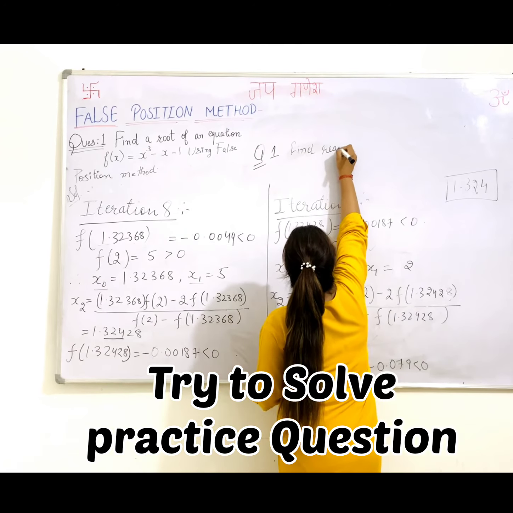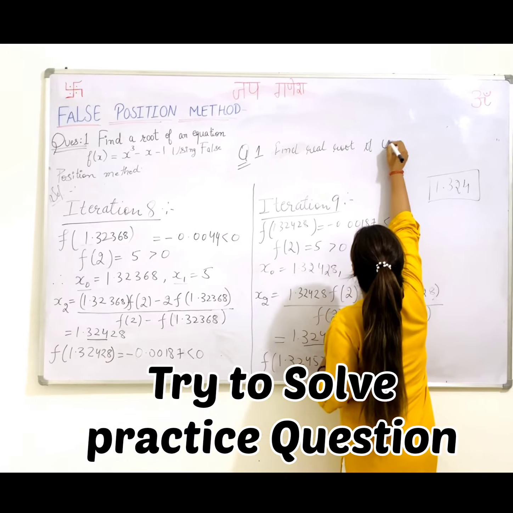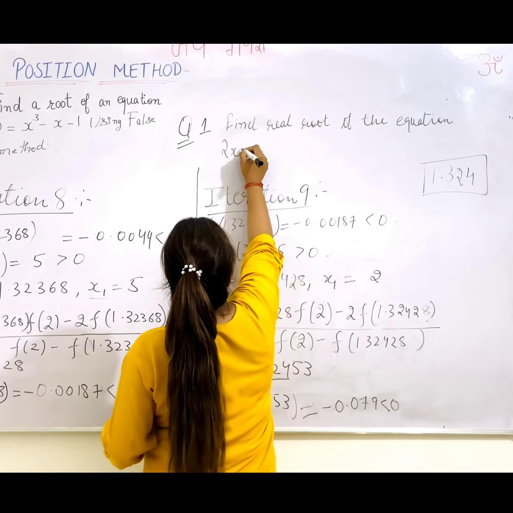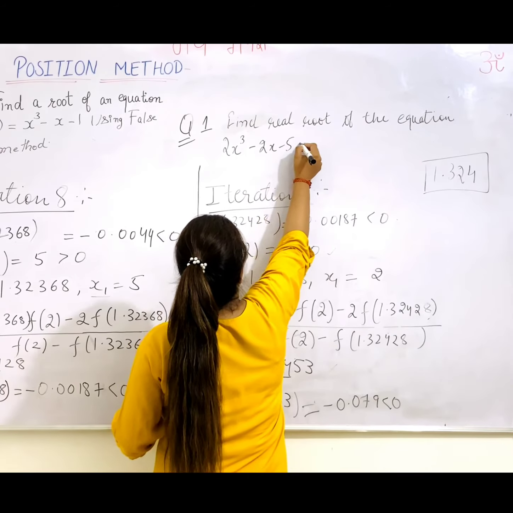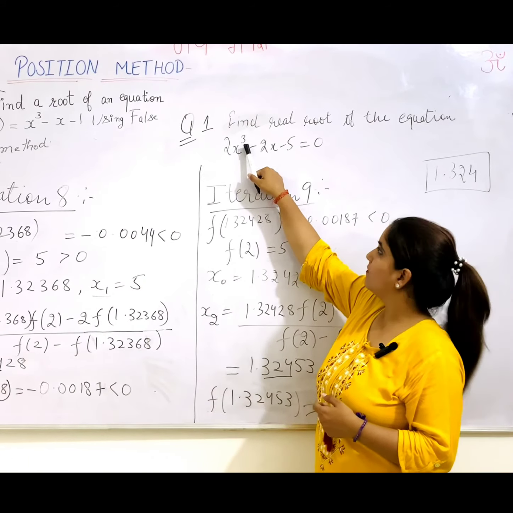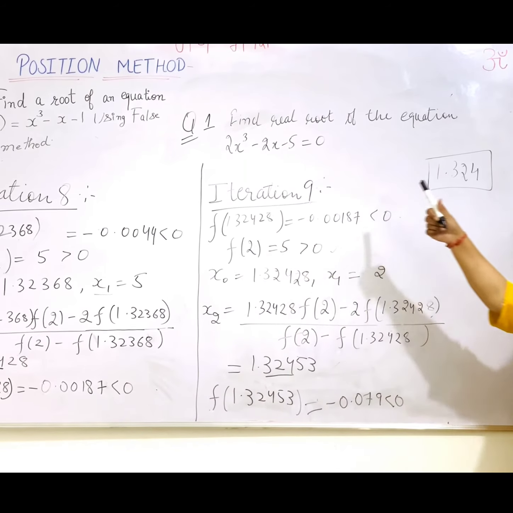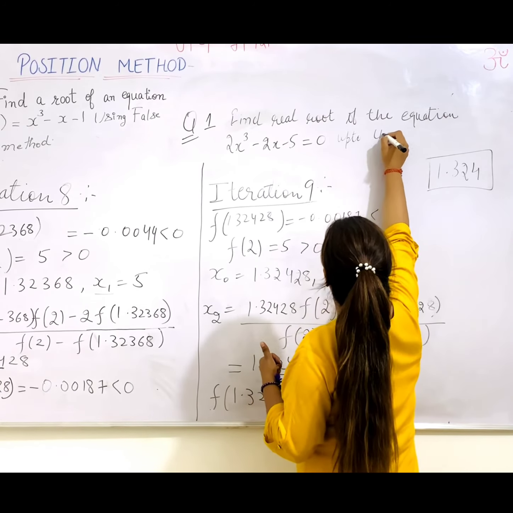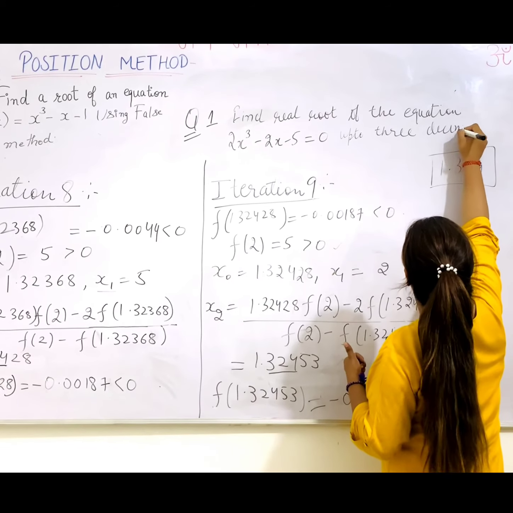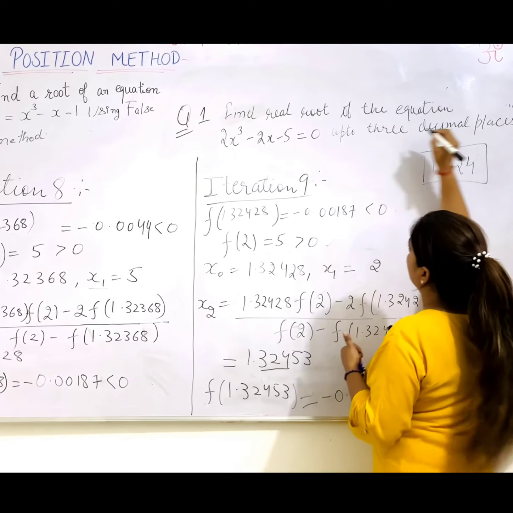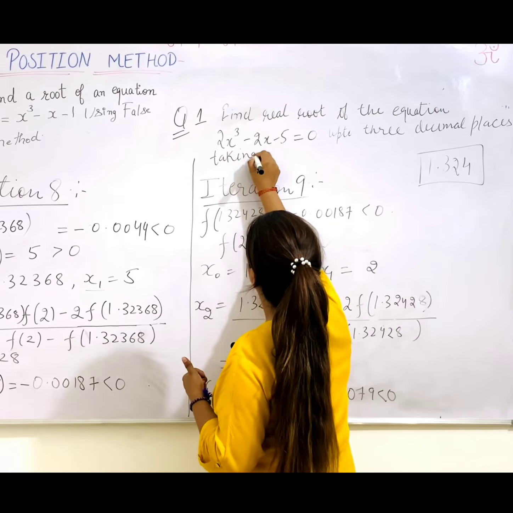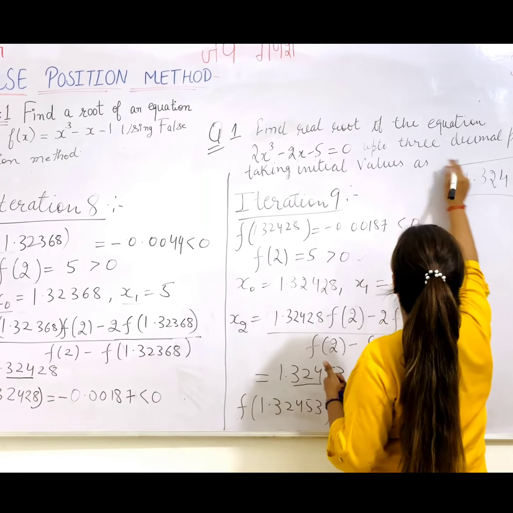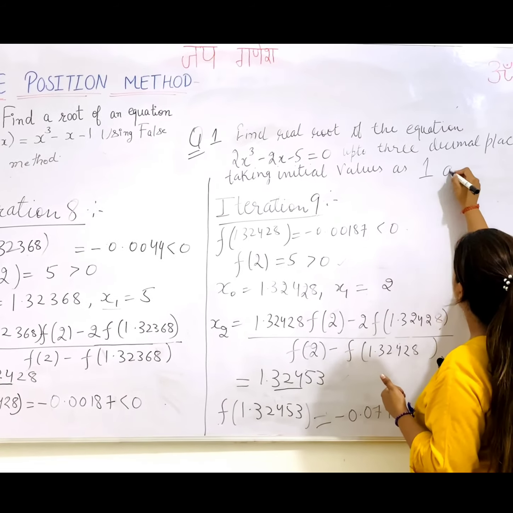Find real root of the equation 2x cube minus 2x minus 5 equals to 0, up to 3 decimal places, taking initial values as 1 and 2.